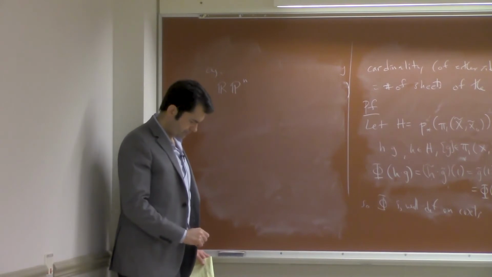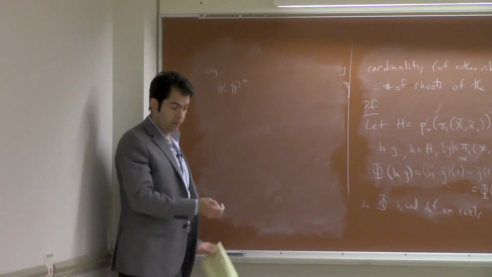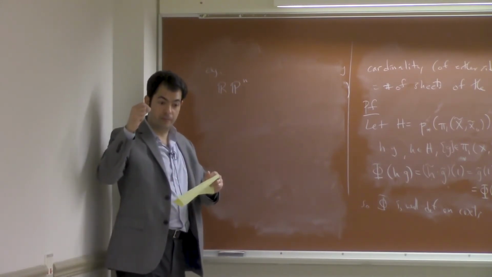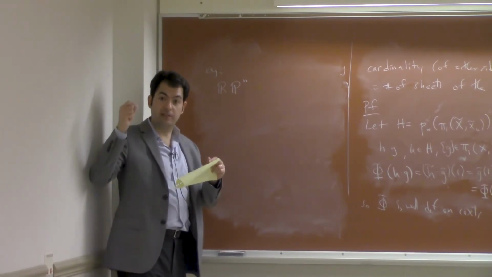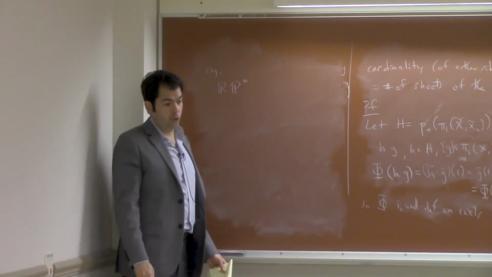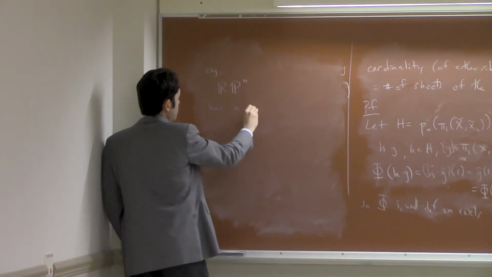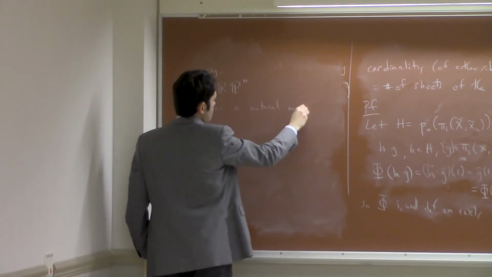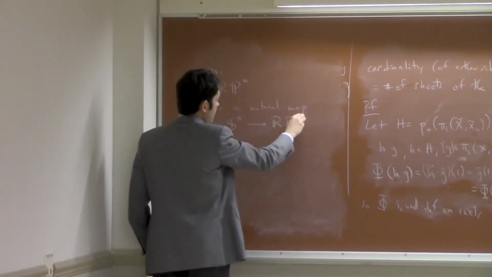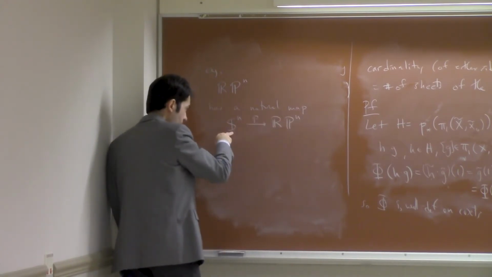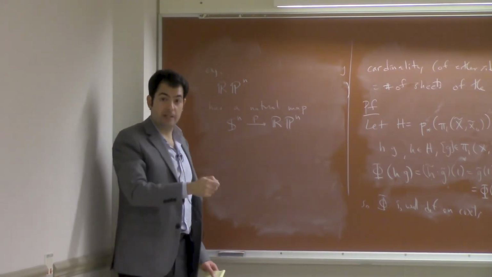So you can identify lines with a pair of two points on the sphere, and so you're just taking the sphere and identifying antipodal points. So this has a natural map from Sn down, where you're just taking any point here and sending it to its equivalence class of it and its antipodal image.